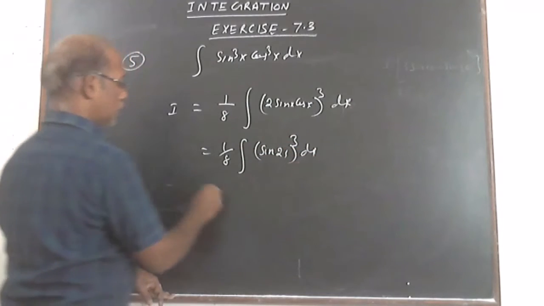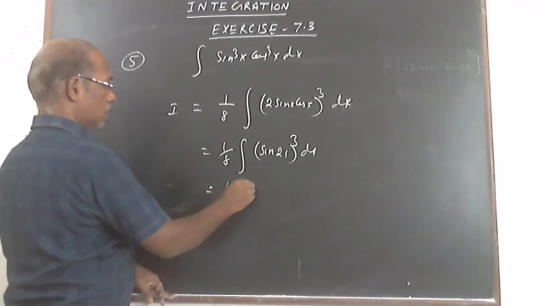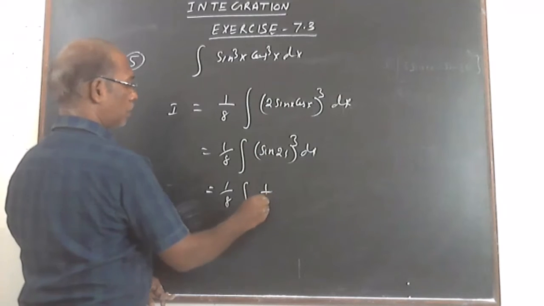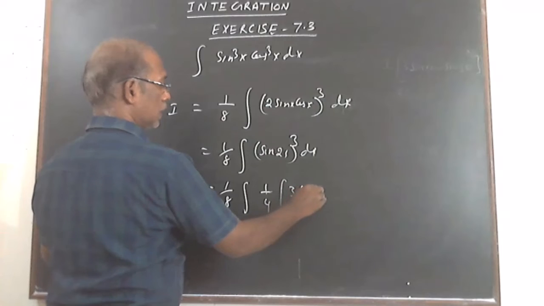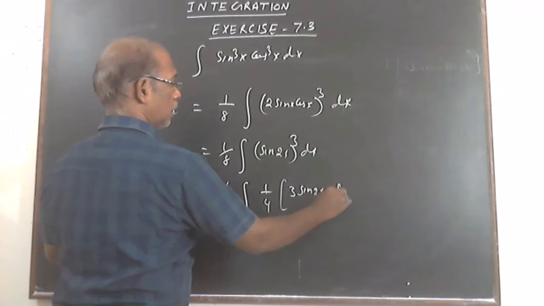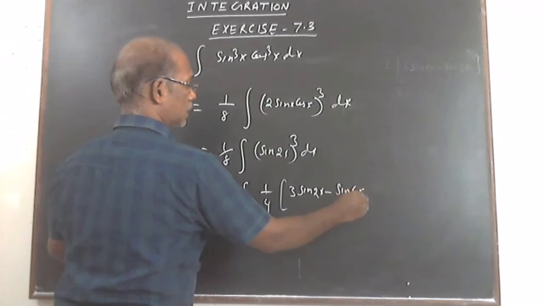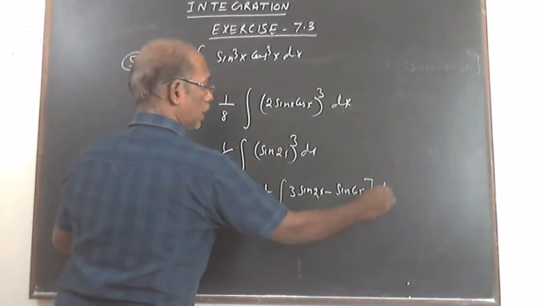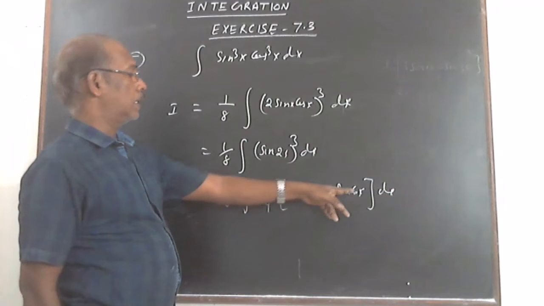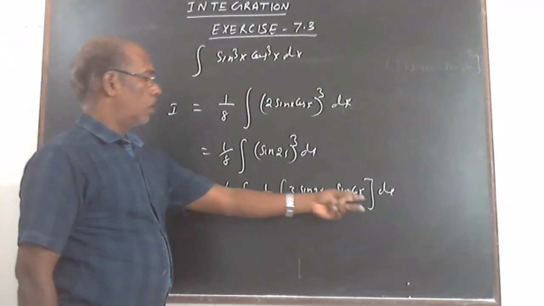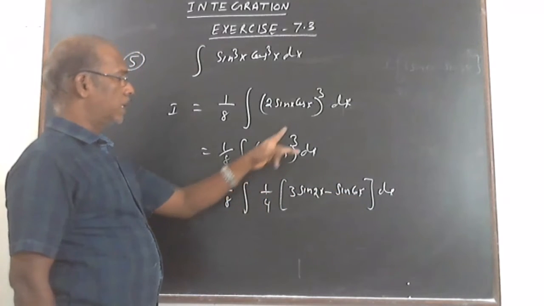Once again we can use the same formula, and this is 1 by 4 into (3 sin 2x minus sin 6x), like the previous problem. 3 sin theta minus sin 3 theta, the whole divided by 4, equals sin cube theta.